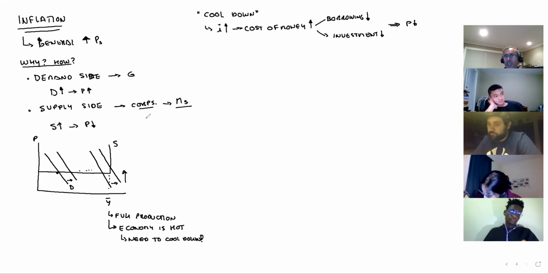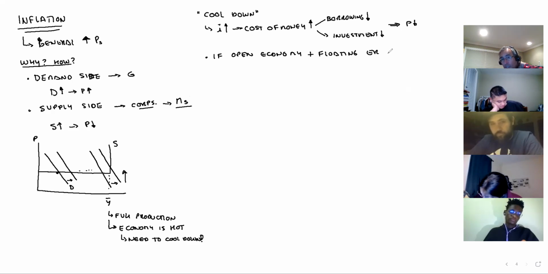You remember that we were saying that if imports grow, if you have an open economy with floating exchange rates, so basically no one controls exchange rates. Governments can try to minimize volatility, but they don't control that.